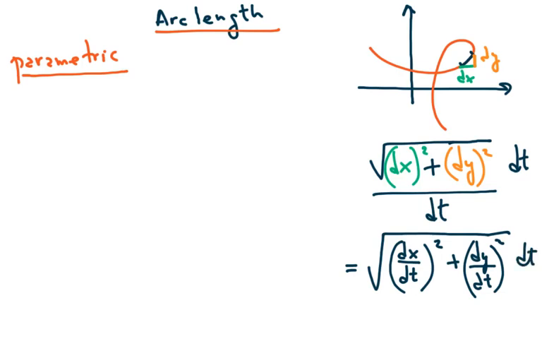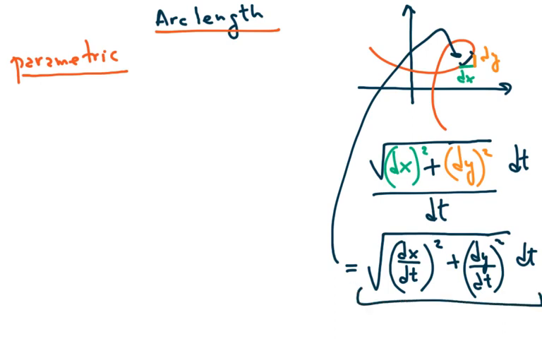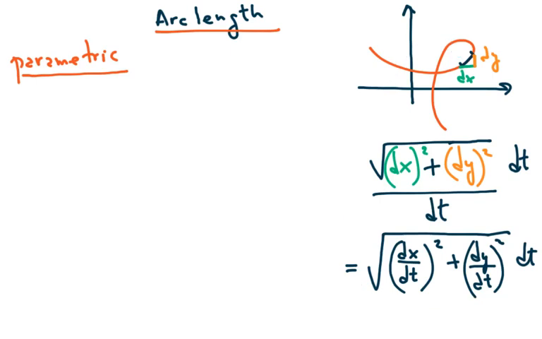So we have then that the length of this little piece of the curve is equal to that. So now to calculate the whole length of the curve from the first value of t that we want to the last one, we just have to integrate the whole thing.